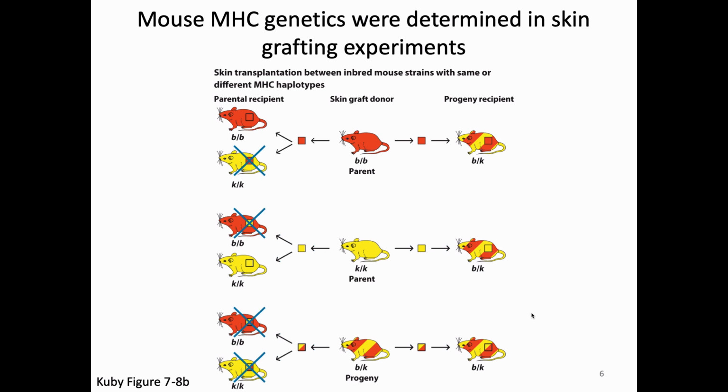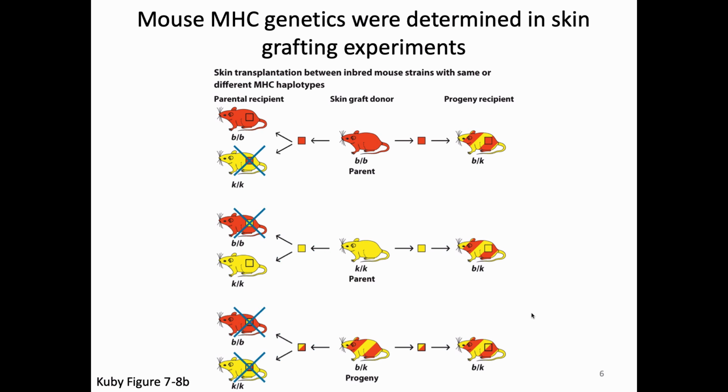This is not the specific outcome that we see in human transplantation systems because humans are outbred, not inbred. And so you cannot receive any transplant from your parents, as this implies. But here you can see the parent can give to the progeny and to animals that are like itself. The progeny can only give to siblings, not to either parent.